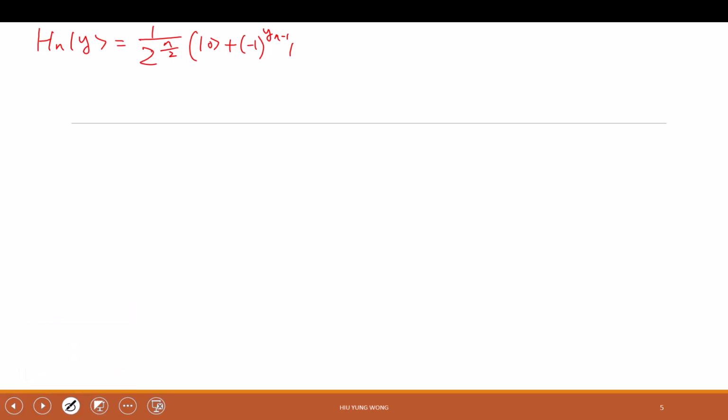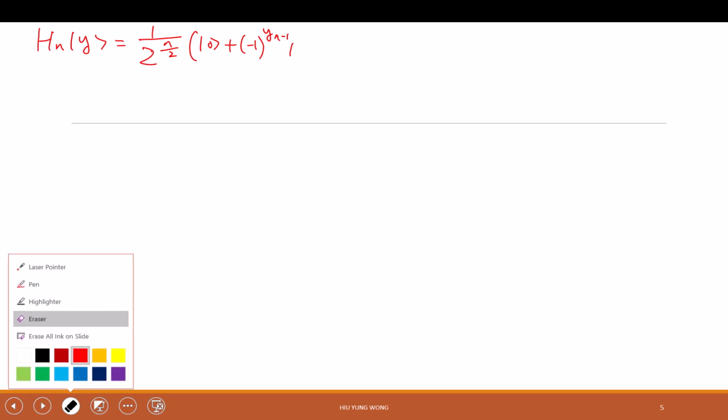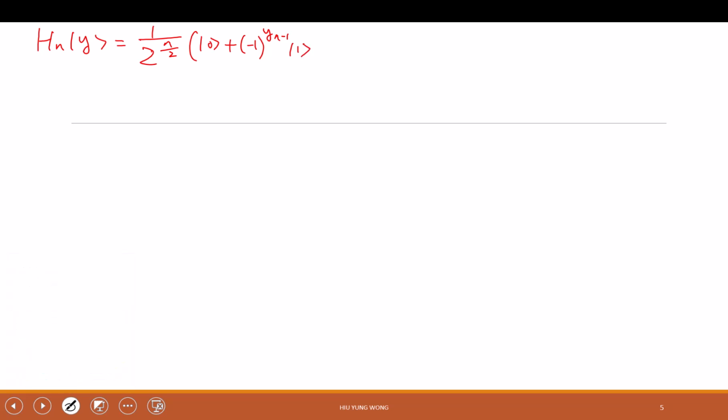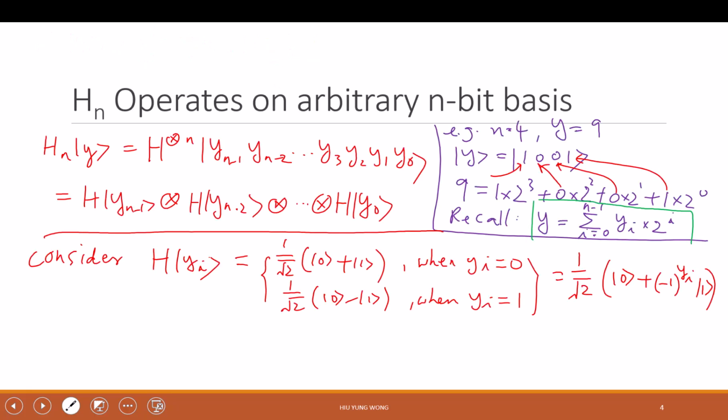Because this term is i equal to what? This term, i equal to what? Right? We are using this equation. I apply h to yi, it gives me this.